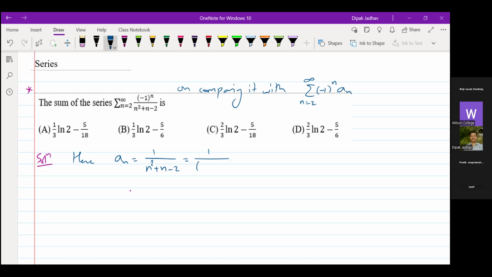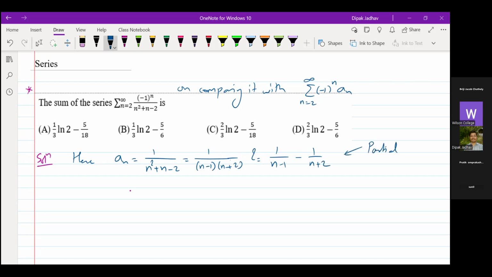N plus 2 multiplied by n minus 1. Very good. So is it possible to write it in this form, 1 upon n minus 1 minus 1 upon n plus 2? I hope you have already observed such a thing.